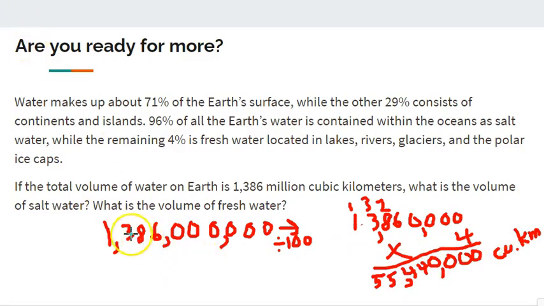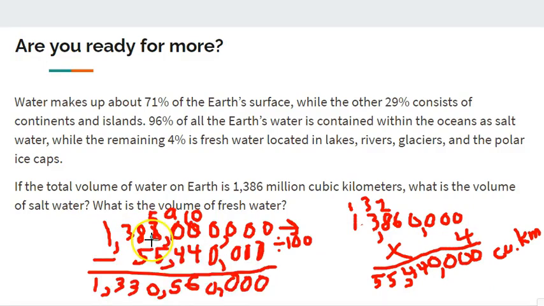And I can either multiply the total by 96%, or since I've got this here, I can subtract it out. Whether you multiply by 96% or subtract like I did, you would have come out with 1,330,560,000 cubic kilometers. That is a lot of water that is not drinkable.